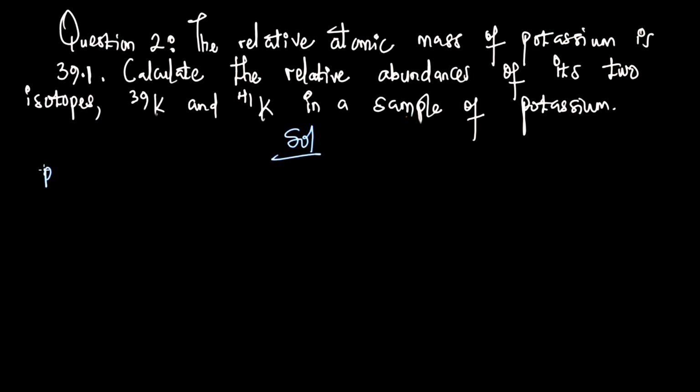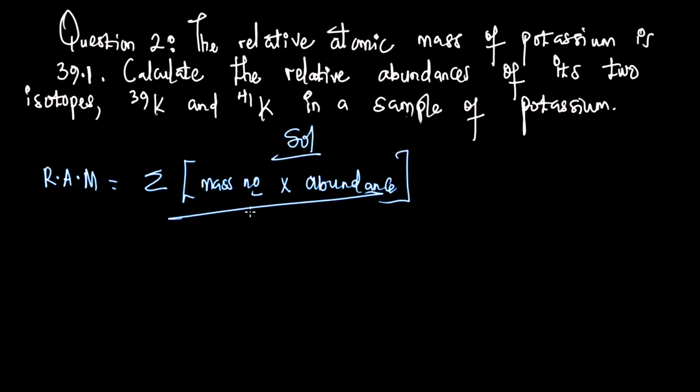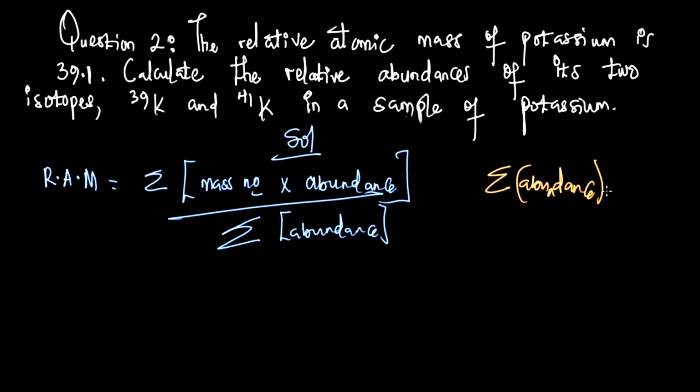First of all, relative atomic mass equals the summation of the mass number times abundance, and then we divide by the summation of the abundance. It is nice to see that the summation of the abundance is 100%.